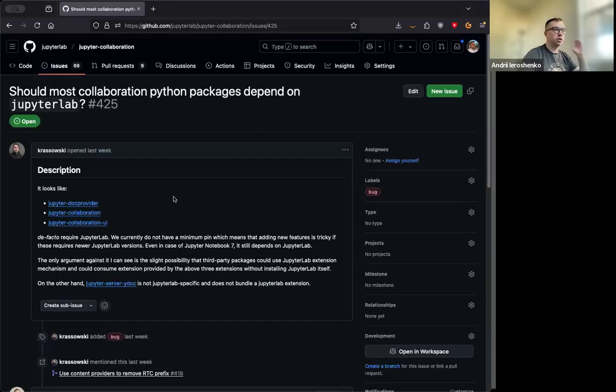Andrew? Awesome. The next one I wanted to discuss is also a Jupyter Collaboration issue. Let me paste the link into the chat. I can probably share my screen as well. It's an issue created by Mike, which proposes to add a pin to JupyterLab to the Jupyter Collaboration package.